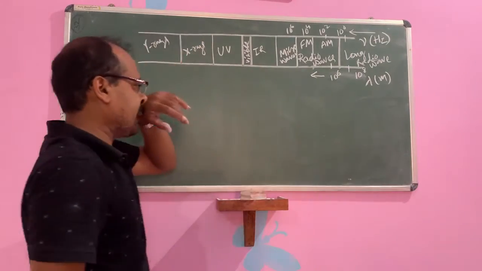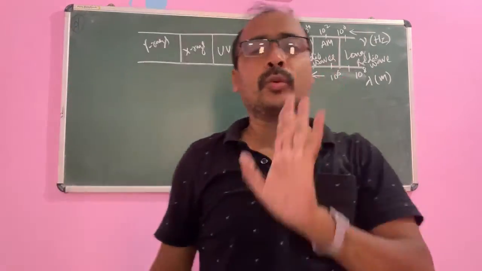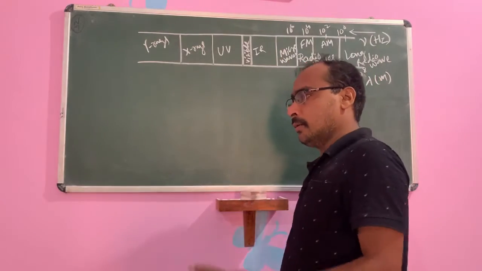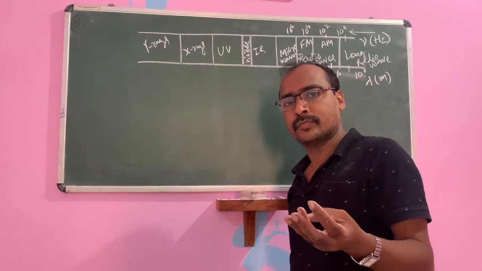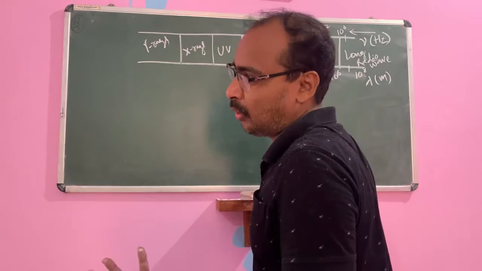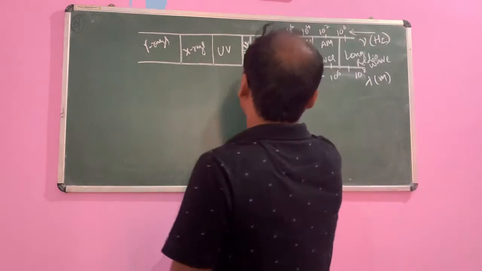But we will emphasize the visible spectrum, that is VIBGYOR: violet, indigo, blue, green, yellow, orange, red. So this is the visible.